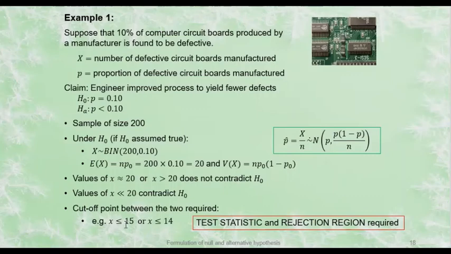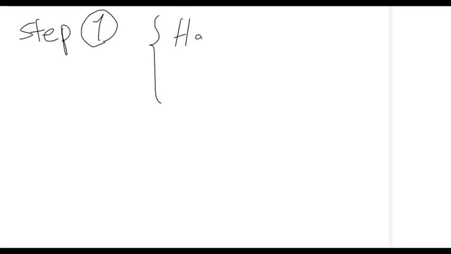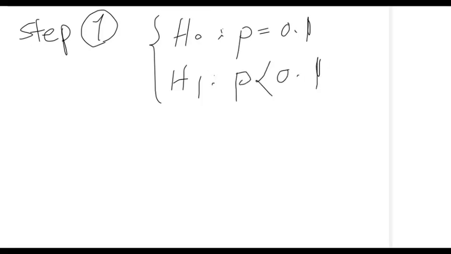So again, in this example, step 1, formulating H0 and H1. H0: in the past, 10% of the boards were defective, but now we improved the process and this probability is less than 0.1.